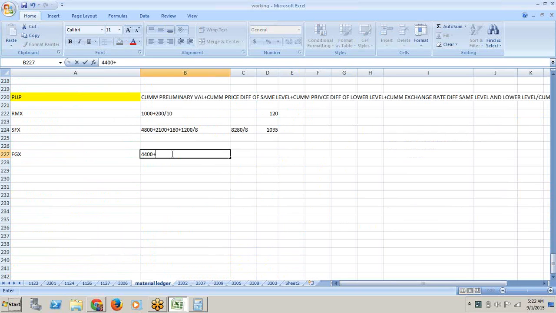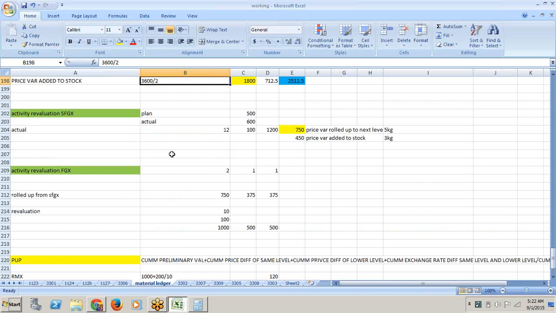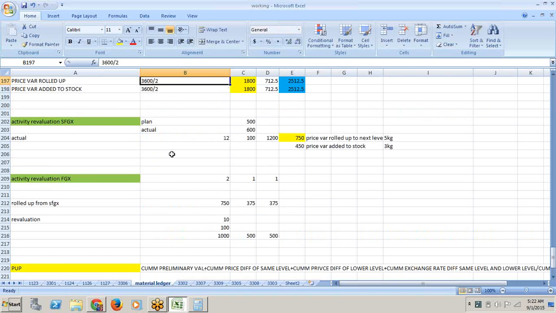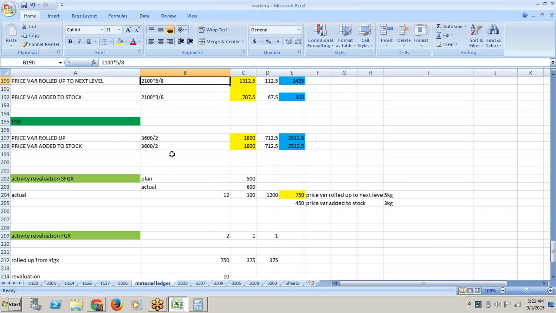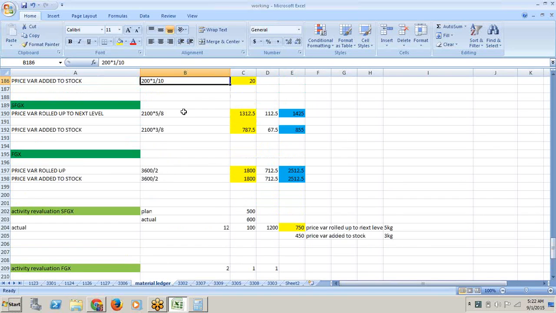4400 plus 3600 plus the cost which is rolled up from the SFGX. So which is rolled up here. 2100 is the price variance. Out of this 5 kgs we have consumed to the finished product.